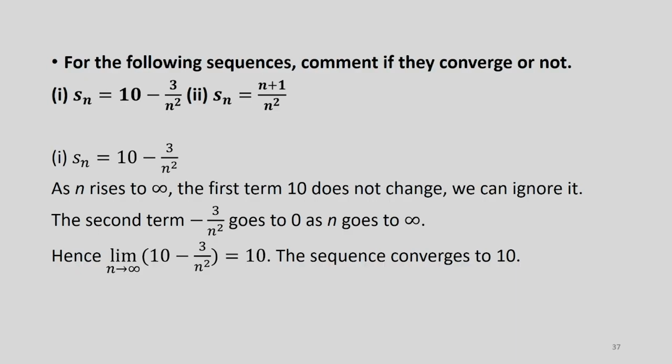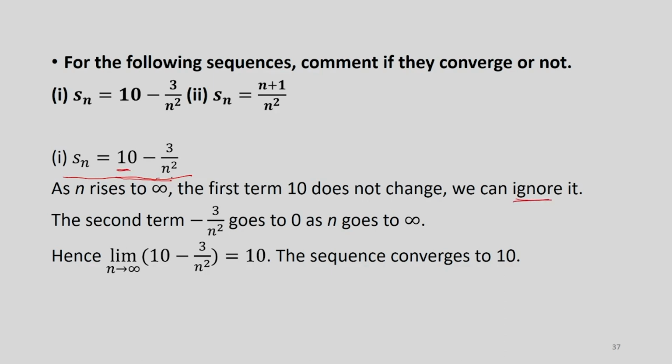Okay, let us take the first one. Sn is equal to 10 minus 3 divided by n square. Now, we have to find out as n goes to infinity, what happens to Sn. Here, as n goes to infinity, the first term is 10, it does not change, right, it is constant. So, we can ignore it.